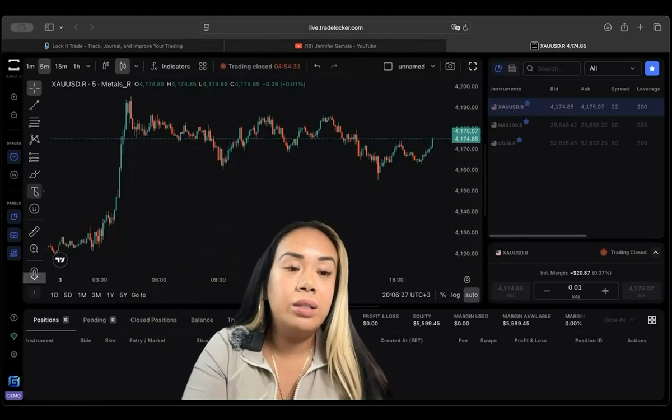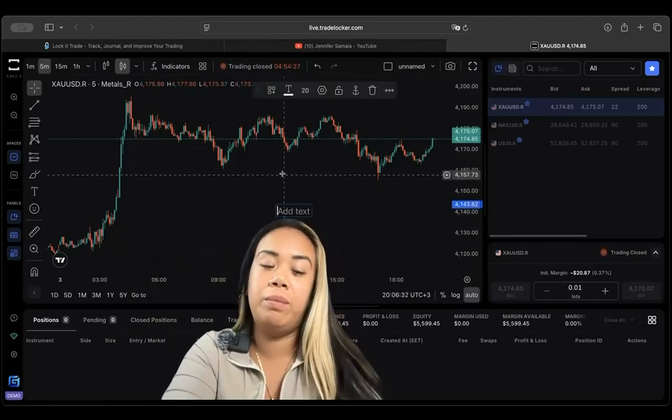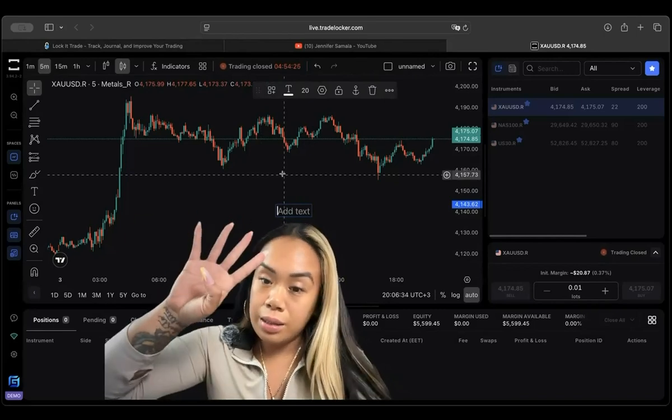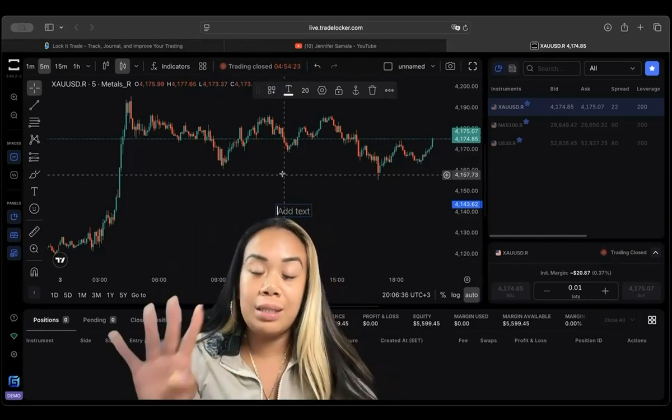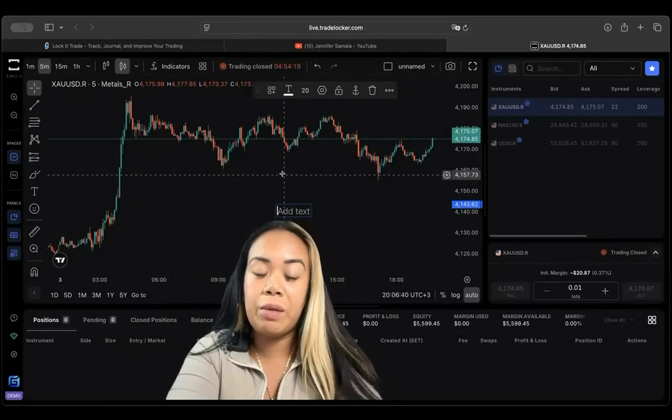The main patterns that a lot of beginners should get familiarized with are these four. These were actually my top four when I first started in trading. So let's go. The first one is going to be a double top. Let me put it right here.